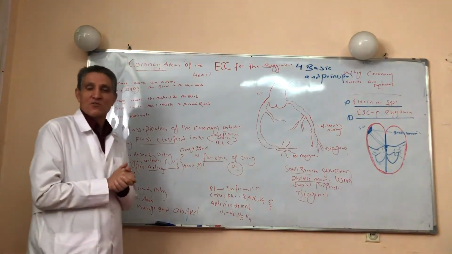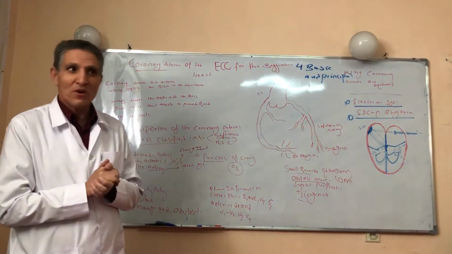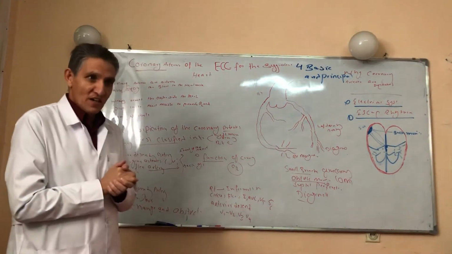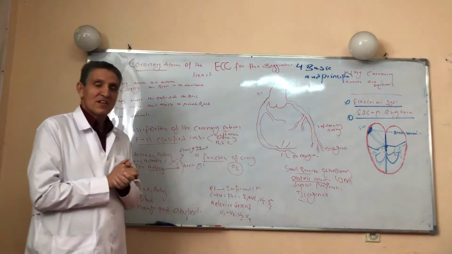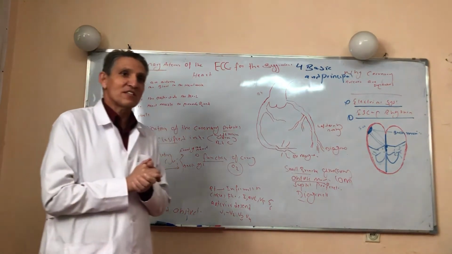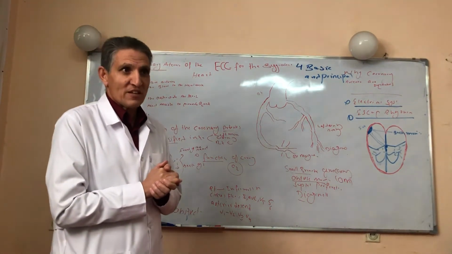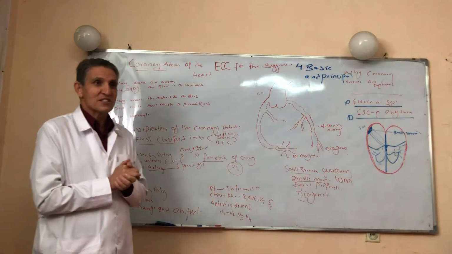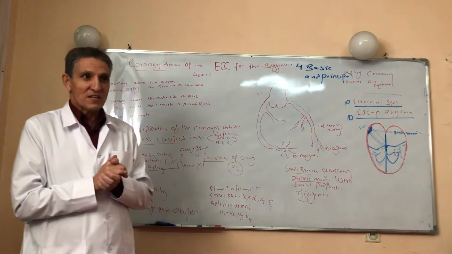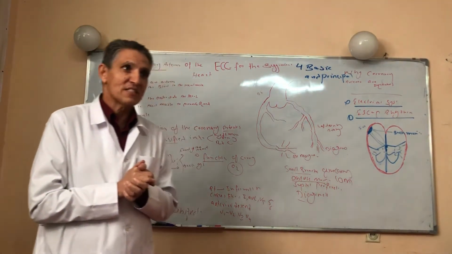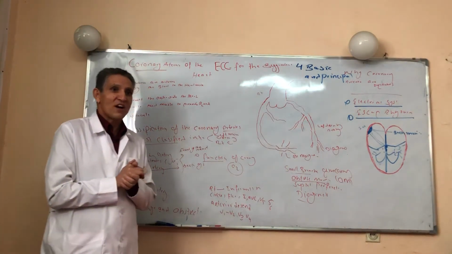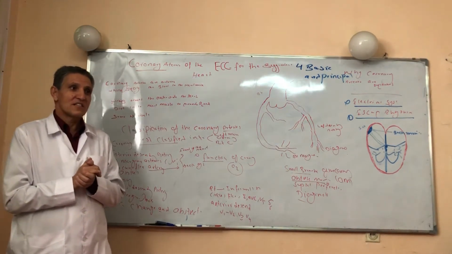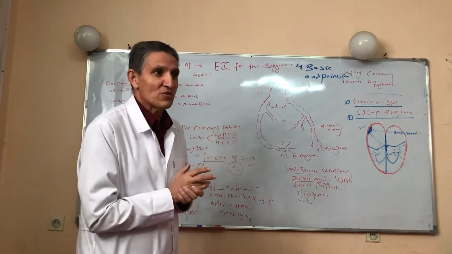Again, coronary arteries are divided into two main parts. Number one, the left coronary artery, and the second, the right coronary artery. The left coronary artery is divided into three branches: the left marginal artery, left circumflex, anterior descending artery, and finally diagonals. This was the classification of the left main coronary artery.